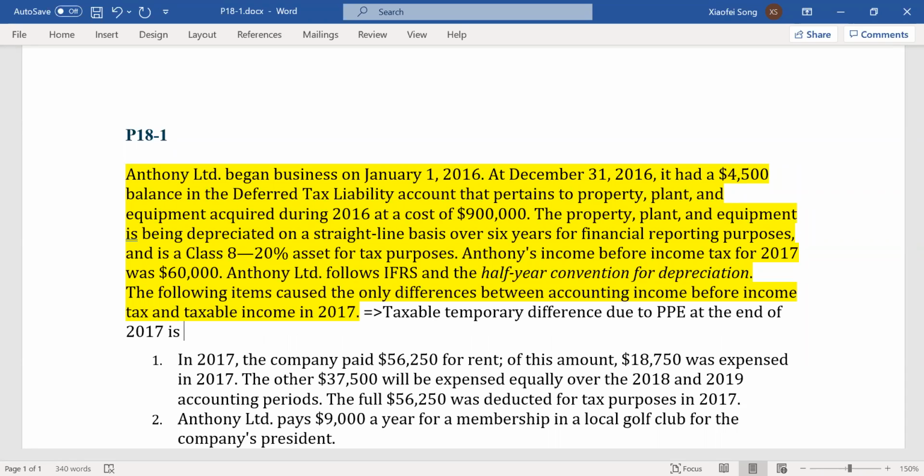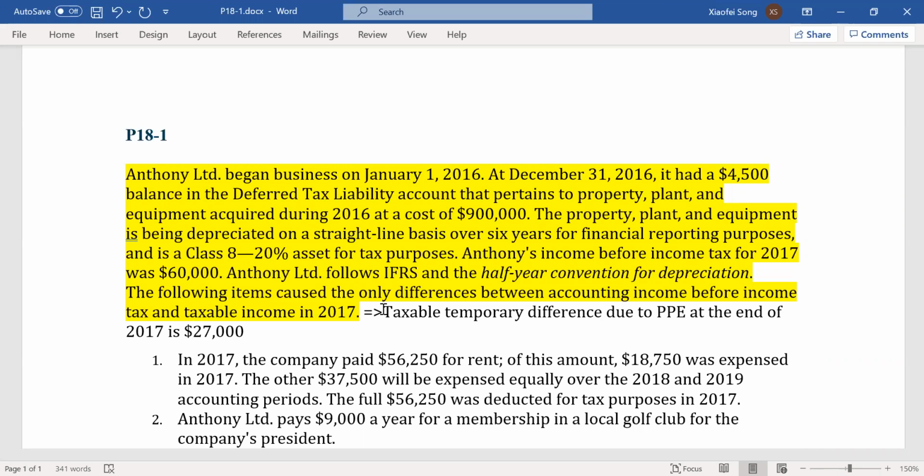What's the difference? It's $27,000. Yes, it's $27,000. So how do you determine this?